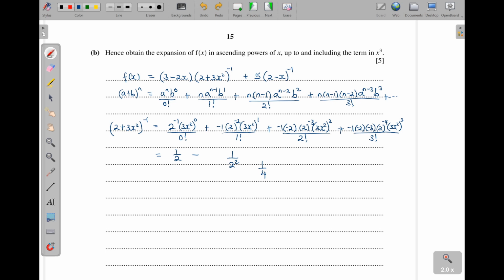So meaning we shall have negative 3 out of 4, so negative 3 out of 4 x squared. Then how about here? This one is a positive 2. We'll cancel with this 2 because 2 factorial is a 2. And then 2 power negative 3, that will be 1 over 8. Okay. Then times, when I square the 3 here, I'll get a 9.